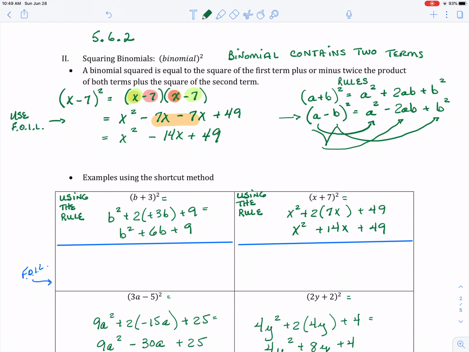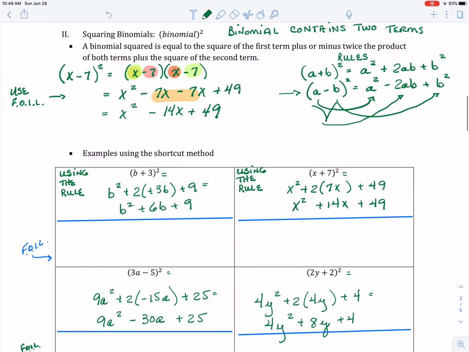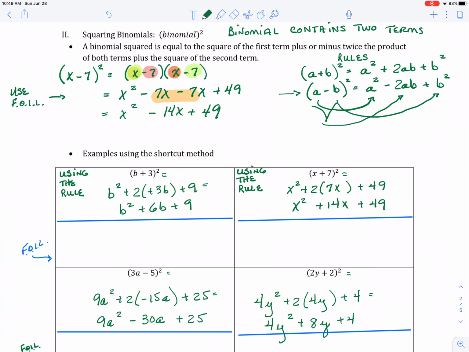All right, so I'm going to work just a couple of examples for you down here, and I've decided to do them using the rule, and also I'm going to do them using FOIL. So let me come down here with FOIL. If I take this binomial and I square it, that means I write it out 2 times as a multiplier.